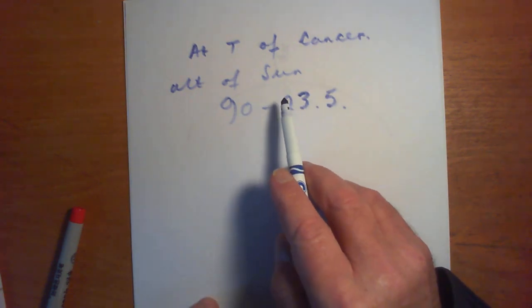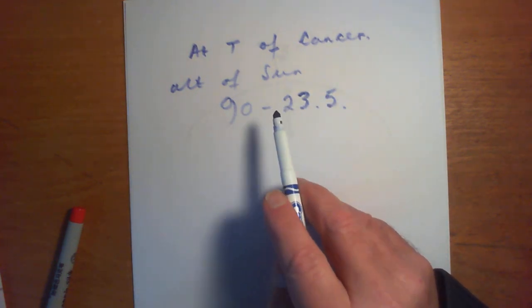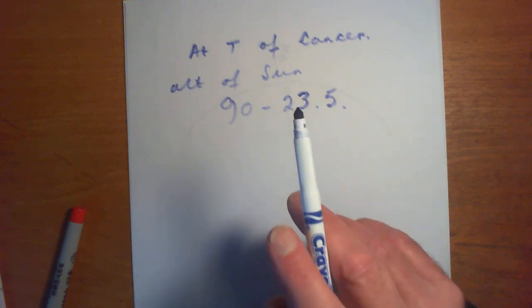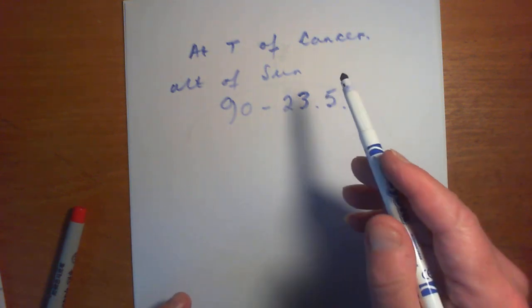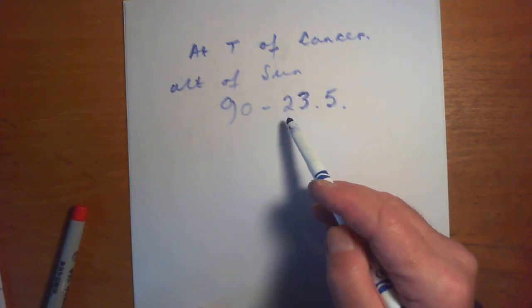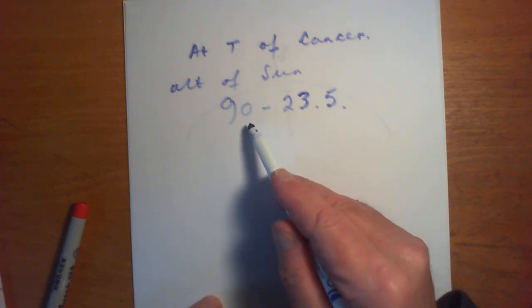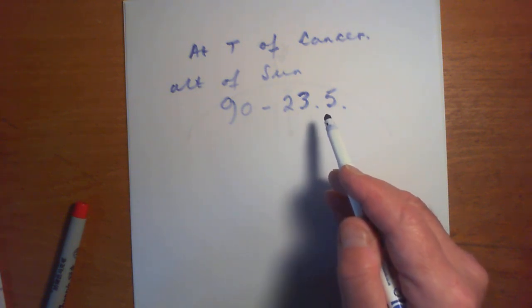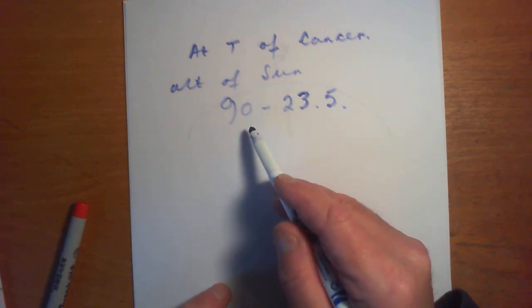That would be the altitude of the Sun if the Sun was on the celestial equator. Let me be more precise with this. If you're on the Tropic of Cancer, the altitude of the celestial equator will be given by this. So if the Sun was on the celestial equator, that would be the altitude of the Sun.